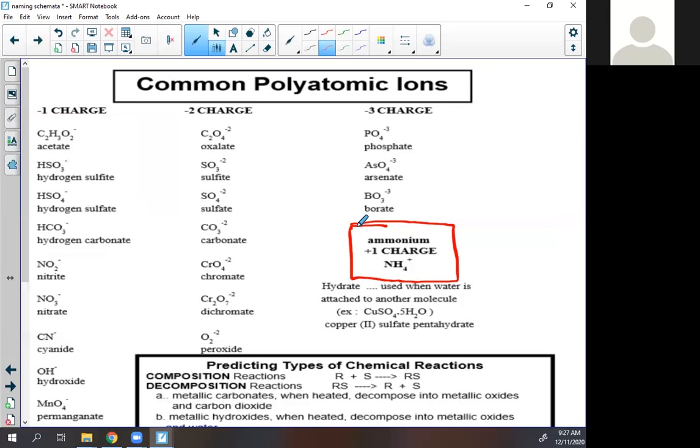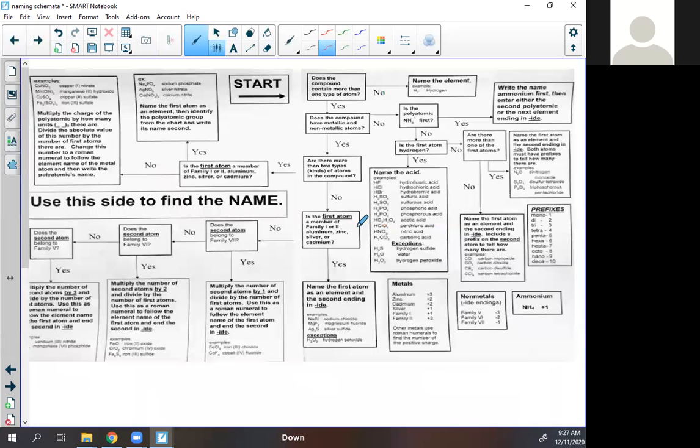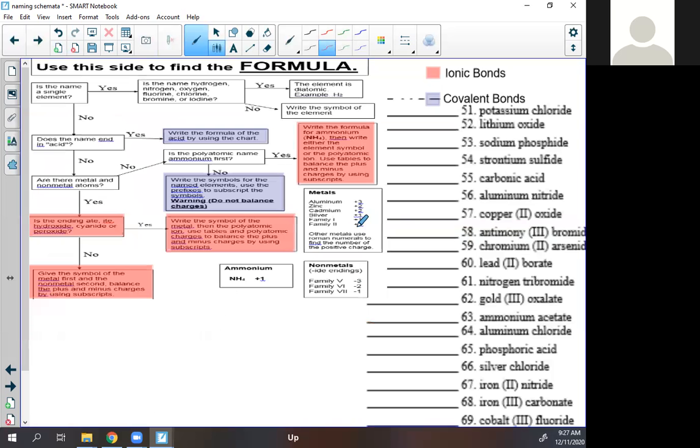Okay, so let's dive in here. Now look at this side. I know yours isn't colored, but it doesn't need to be. Let me double check that I have the right one. Okay, open the lab book up and look at the top right side, not the naming schemata.